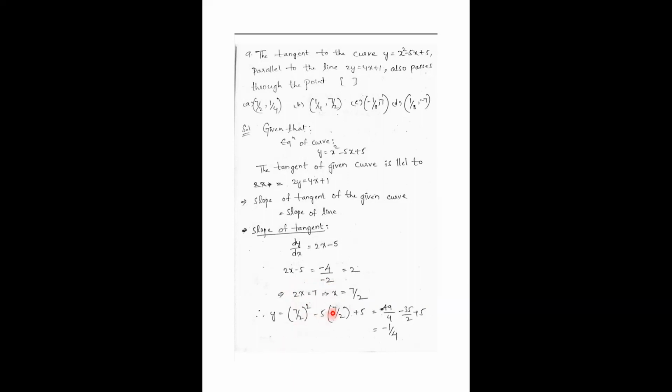Now substitute x equal to 7 by 2 in the given curve equation. Then you will get the value of y as minus 1 by 4. Now we got the point x comma y as 7 by 2 comma minus 1 by 4. Now let's find the equation of the tangent. That is, y plus 1 by 4 equal to 2 into x minus 7 by 2.